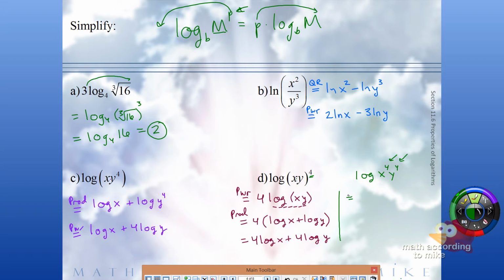Then you would do the product rule first, and then according to the power rule, you would bring those exponents in front. Notice by doing it this way, you don't have to worry about those parentheses because you already took care of the situation. You get the same answer either way.